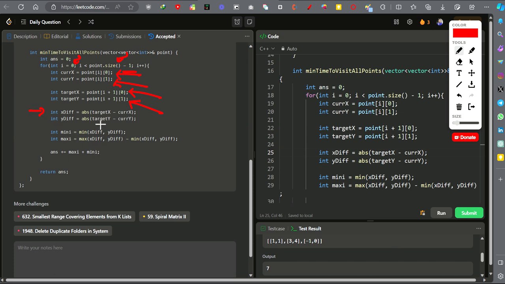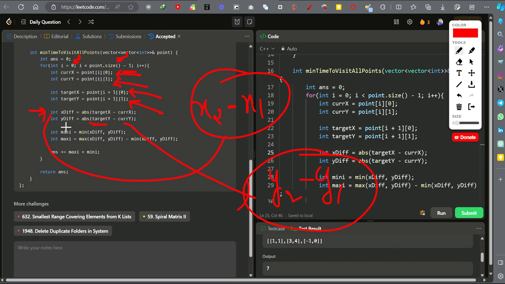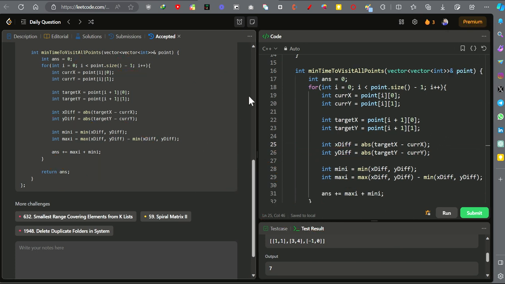Then I calculated the x difference, x2 minus x1, and the y difference, y2 minus y1. Then I take the minimum, and again I calculated the maximum extra mile. Then I added both of these two things in answer, and keep on adding. Then I got my final answer. Thank you.